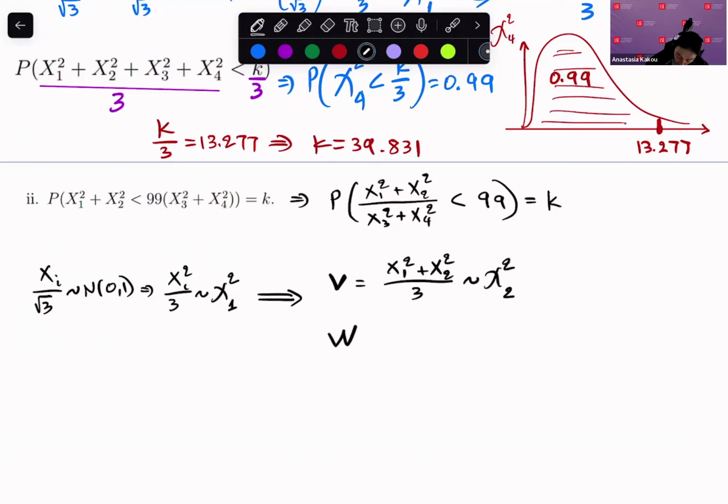And if you take different terms like x3 squared plus x4 squared over 3, that will also be a chi-square with 2 degrees of freedom.